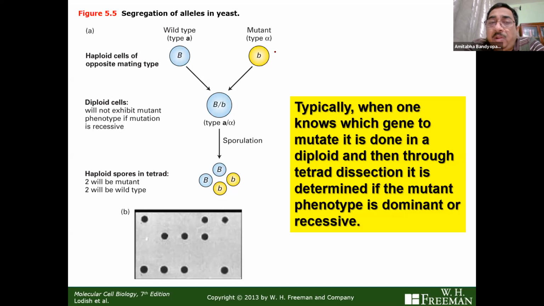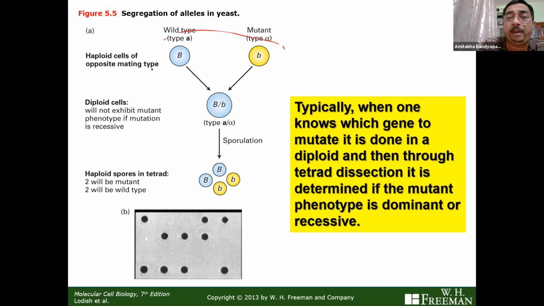Then when you do this kind of tetrad analysis, there is absolutely no way that every haploid will have all 3 mutants again.